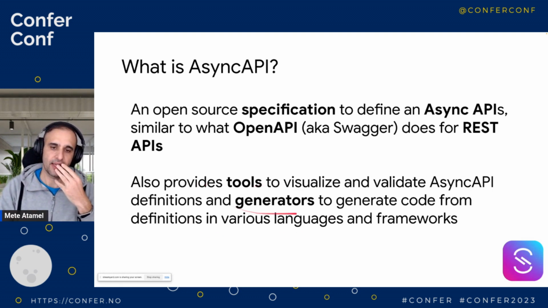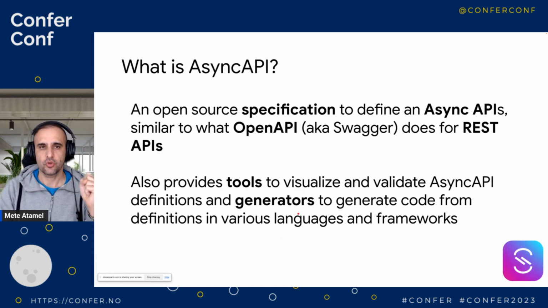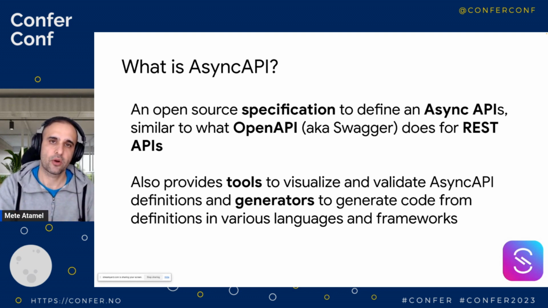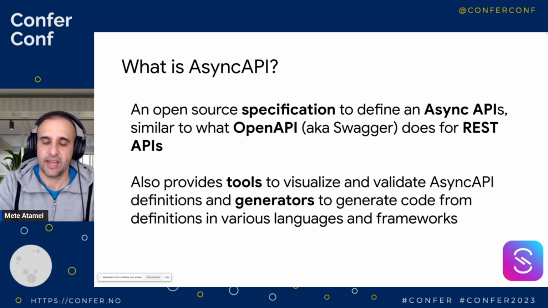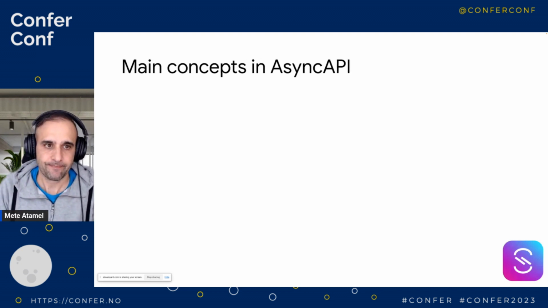It also gives you generators to generate code from AsyncAPI definitions. So you can create an AsyncAPI definition of your services, and then use generators to generate code to subscribe to those services or publish to those topics, I should say. So it's specification, tools, and generators. Basically, those are the three main things of AsyncAPI.